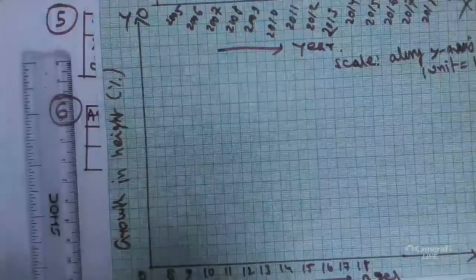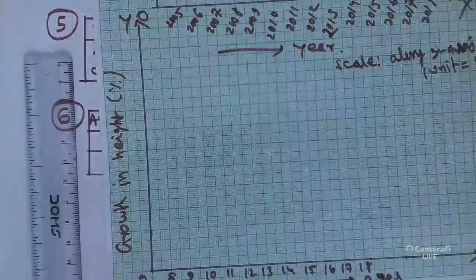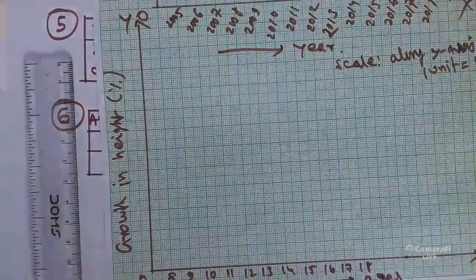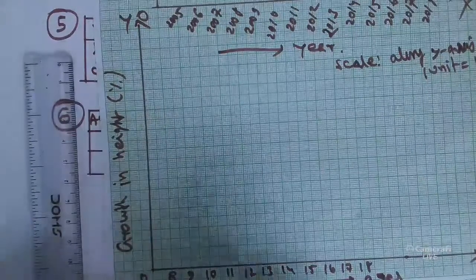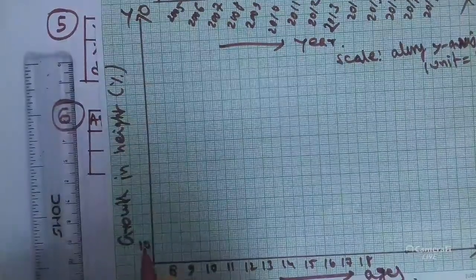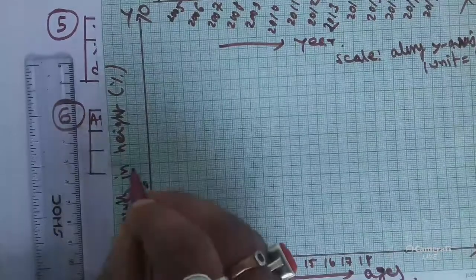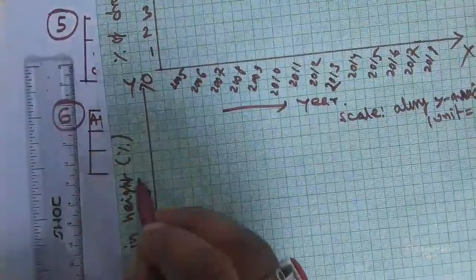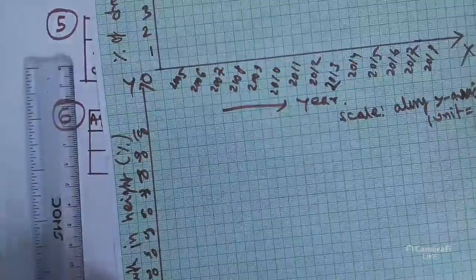Now at the age of 8, so at first we have to take the boys percentage. So at first at the age of 8, 72%. So here along y-axis we have to write the percentage also, which I have taken. So 10, 20, 30, 40, 50, 60, 70, 80, 90 and 100.